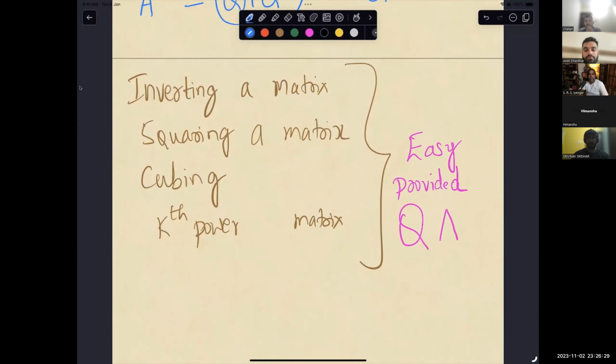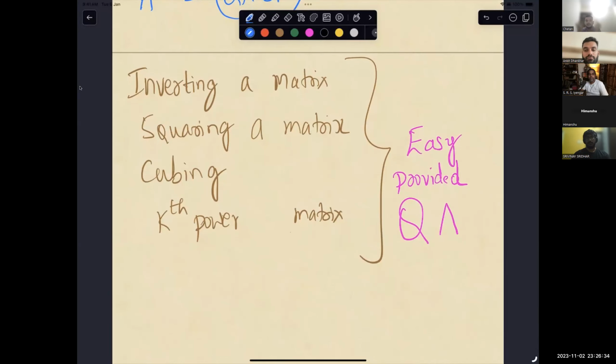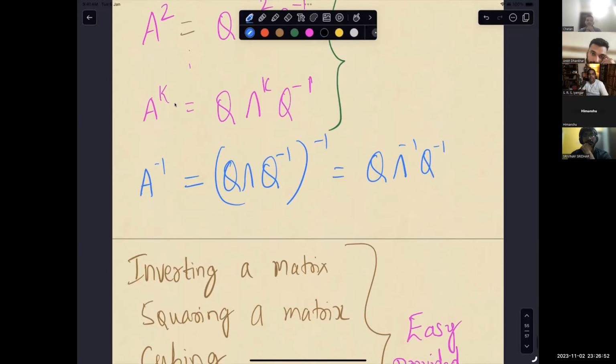I observe that it suffices to only take the square of the eigenvalues, and I will get my squared matrix just by squaring the eigenvalues. That suffices. Then why even do all of this? If we are going to square the matrix and go through all of this, why even do it?